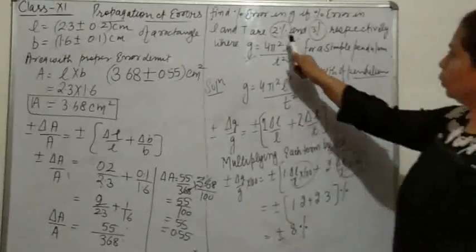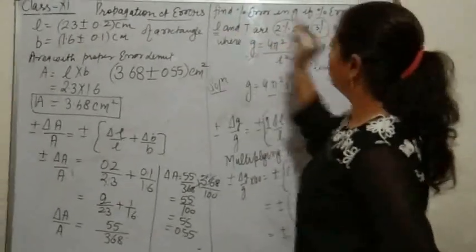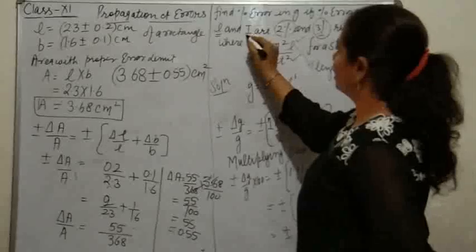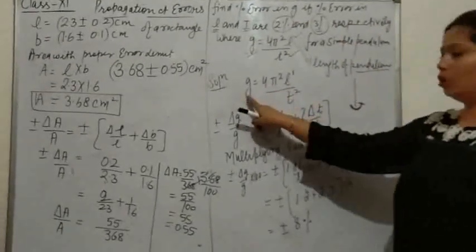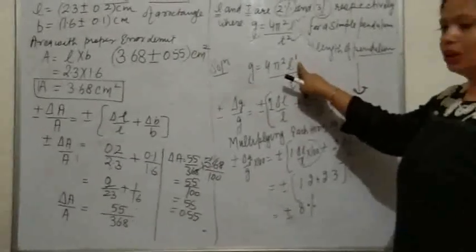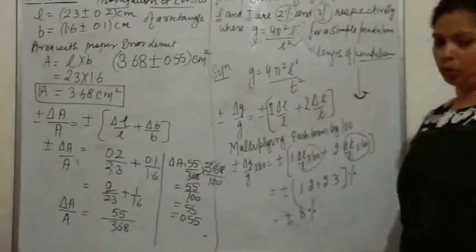If we are having 2% error in length, 3% error in time period, then there will be 8% error in g, because the calculation of g contains the measurement of length and time both.